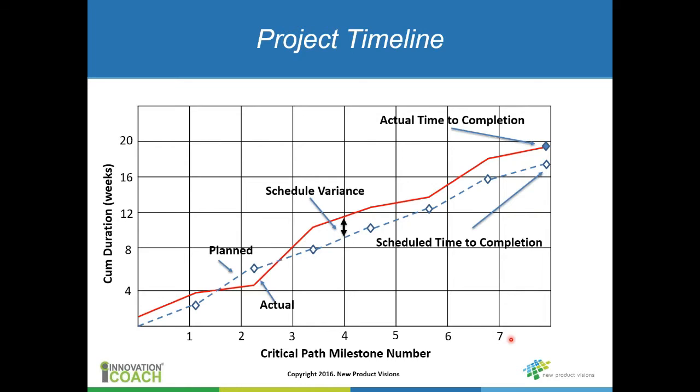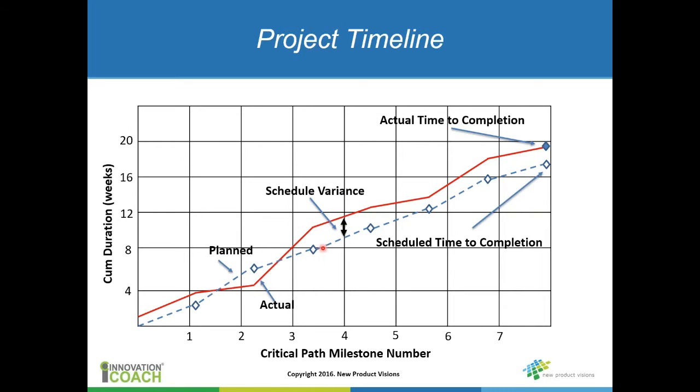Again, this can be a rolling window. It doesn't have to necessarily go from the beginning to the end of the project. But the idea is you identify those critical path milestones. You've got cumulative dates here, and when those milestones are planned to be finished, and then the red curve is actually where you are right now.